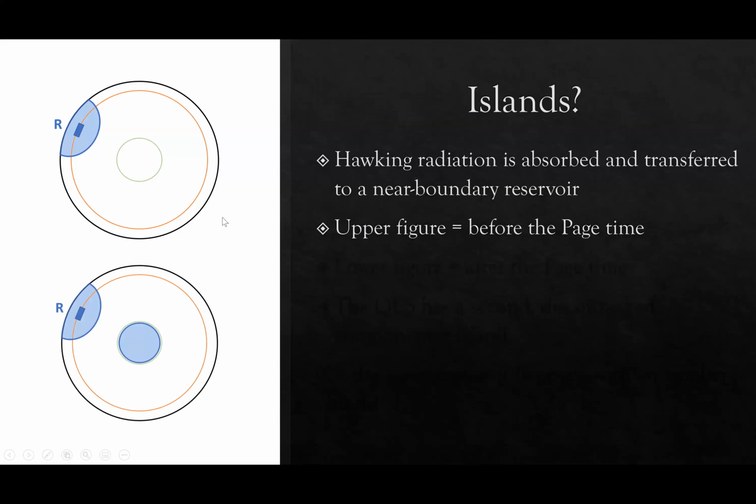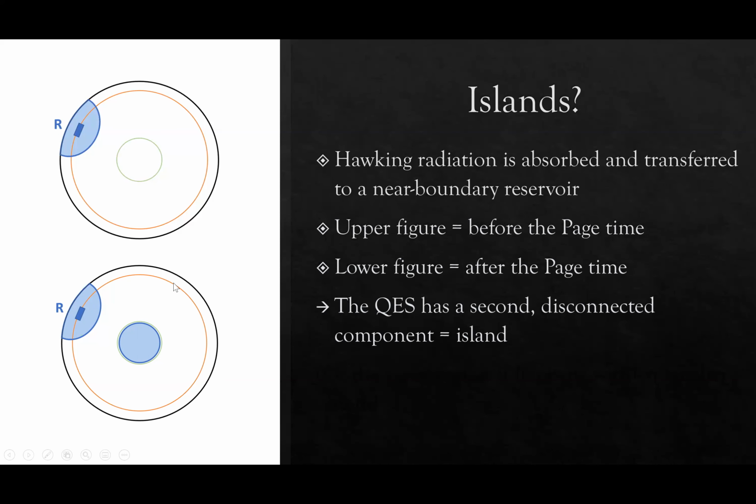After the Page time, however, this region here has to include the region inside the black hole. Remember, this is a region that we're looking for the radiation, so for the outside Hawking partners. And just as in the case for the auxiliary system coupled to the black hole, this quantum extremal surface has to develop some disconnected component, which is going to be the interior, for the exact same reason that it happened with the auxiliary system.